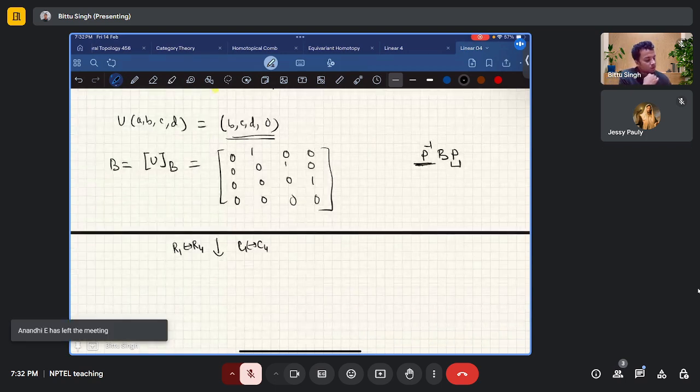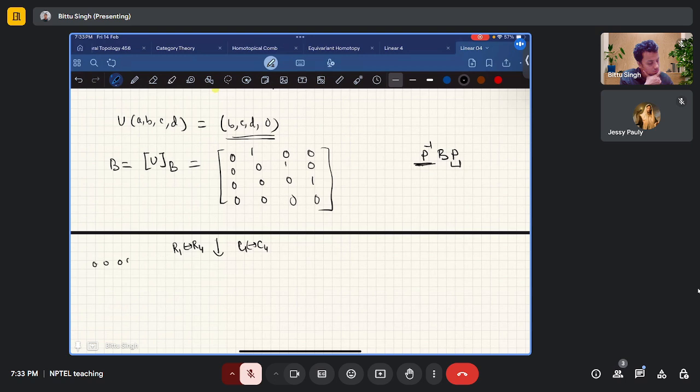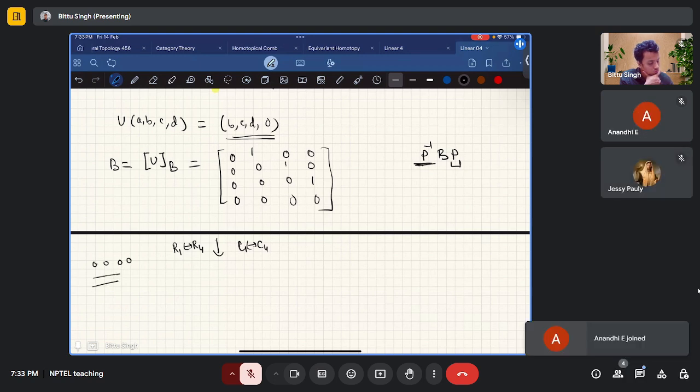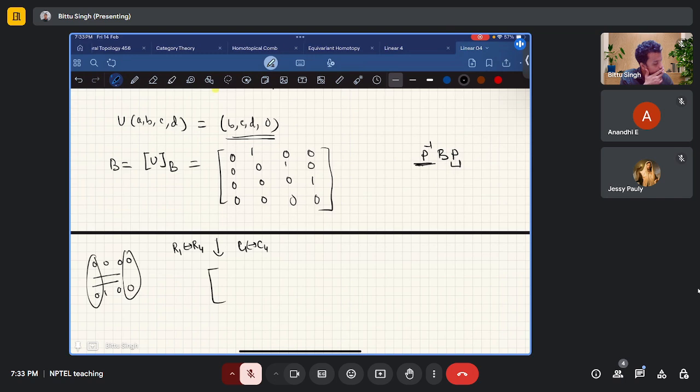So exchanging the first row will give us this thing, 0 0 0 0, and those two are the same. After that it is 0 1 0 0. But again, if we exchange those columns, what will we get?